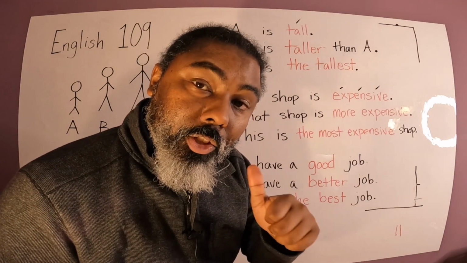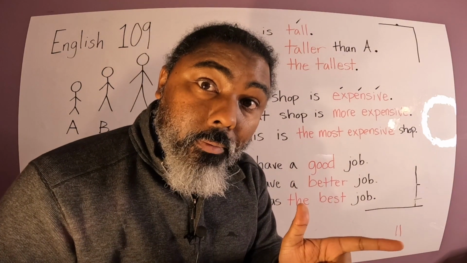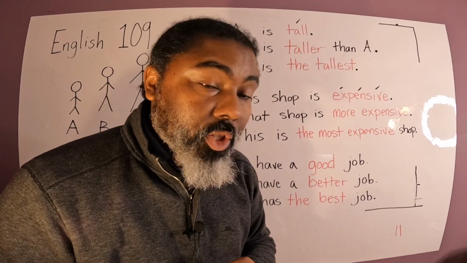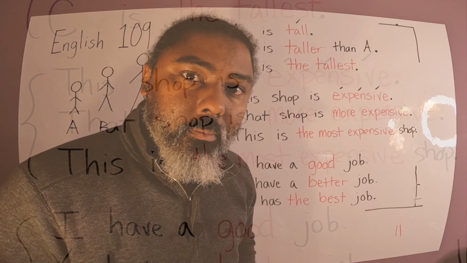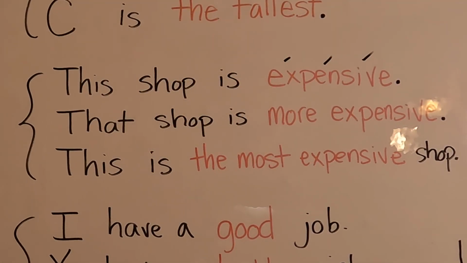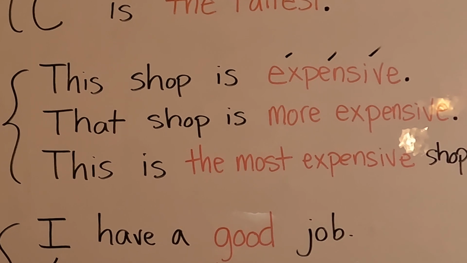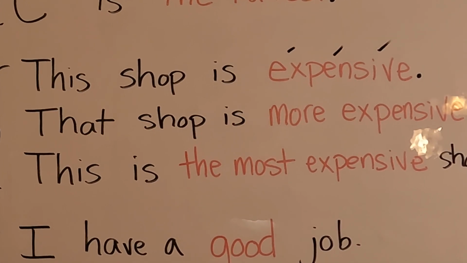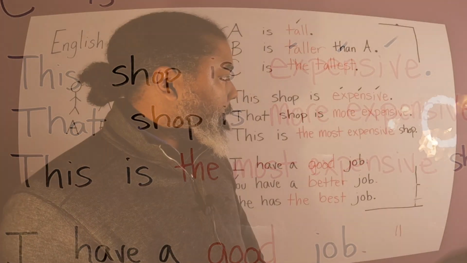The base adjective expensive, more expensive is the comparative, and then the superlative, the most expensive. So there are three parts you have to remember. You cannot forget to write the, most, and then the polysyllabic word. Poly meaning more than one. All right?